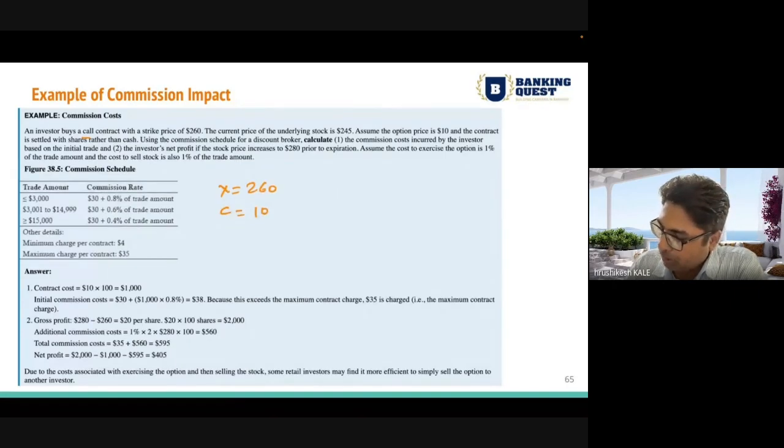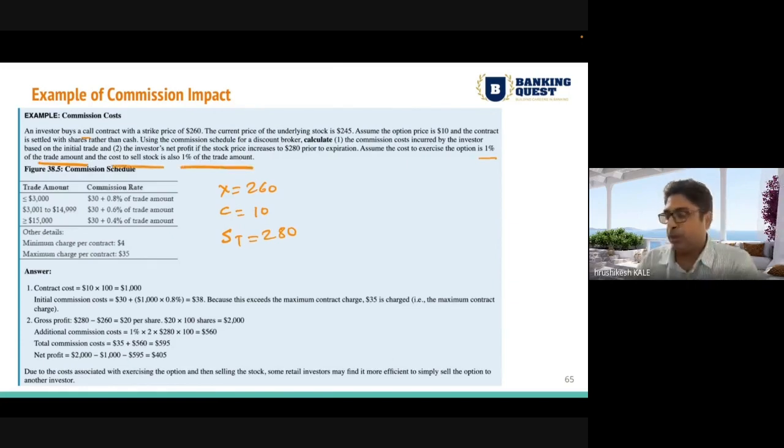Using the commission schedule for a discount broker, calculate the commission cost incurred by the investor based on the initial trade and the investor's net profit if the stock price increases to 280. So ST is 280. Assuming the cost to exercise the option is 1% of the trade amount and the cost to sell stock is also 1% of the trade amount.